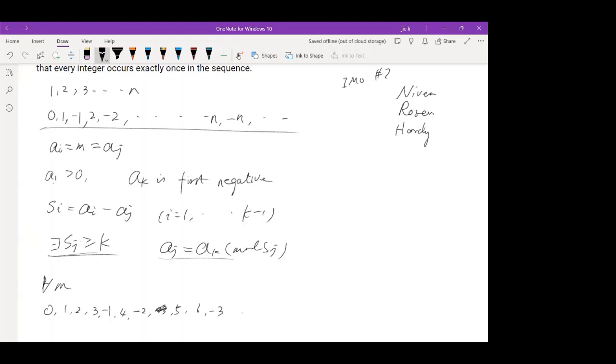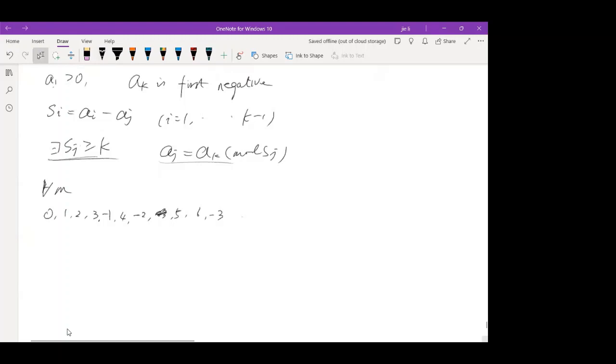So if we think about this one, with how we generate all the sequences. First of all, you could make the first term equal to 0 by simply subtracting a common number.